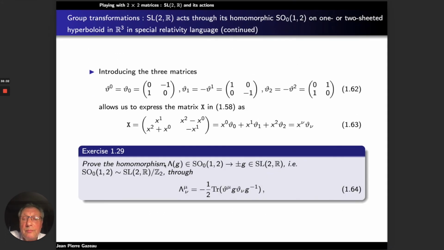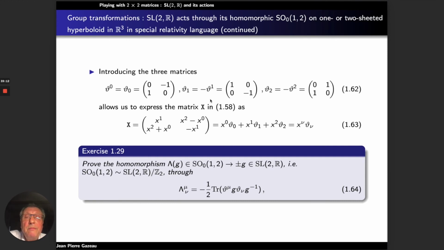Now, introducing the 3 basic matrices, theta 1 equal to minus theta 1, exactly like for the vectors I introduced. Theta 1 lower is equal to minus theta 1 when 1 is upper. Theta 2 lower is equal to minus theta 2 upper. So it is equal to this matrix.